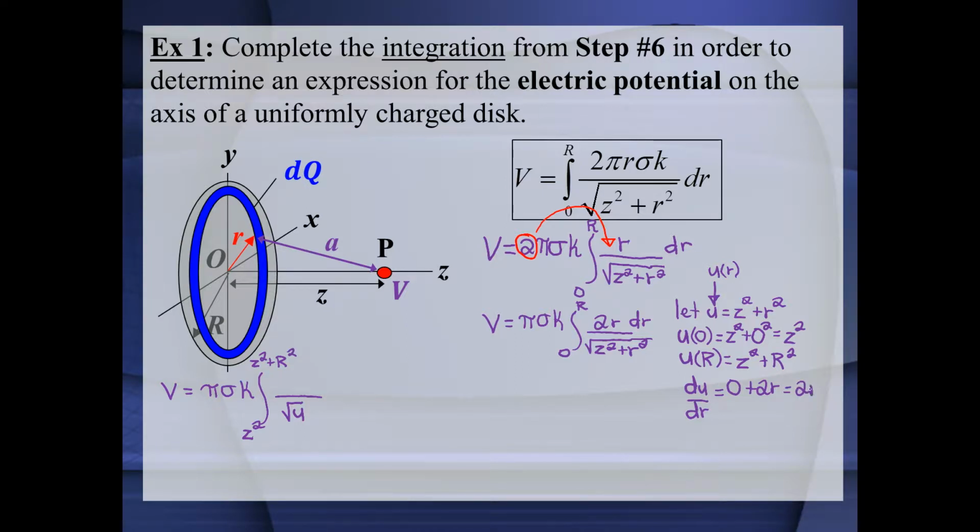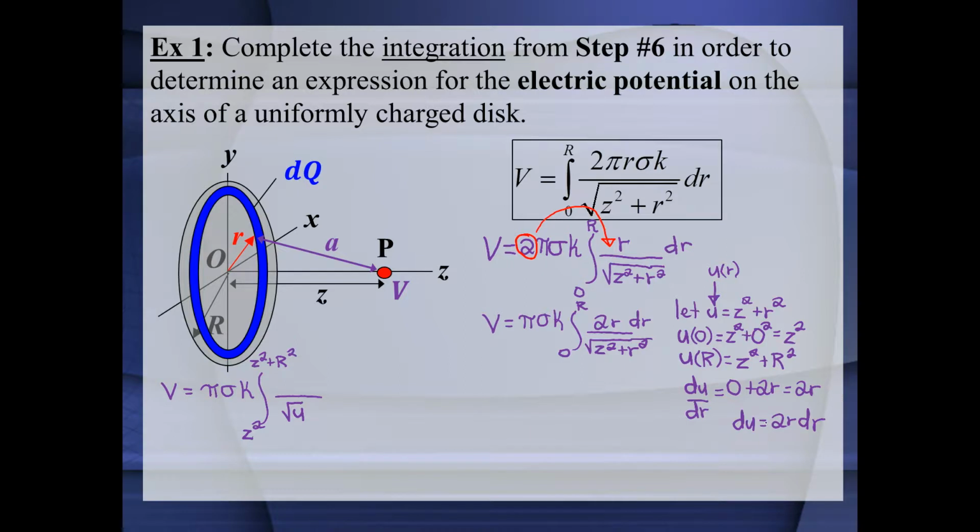Okay, so we got 2r here. Now, normally in a substitution like this, what I would do is I would isolate for dr, and write it in terms of du, and then plug it into the equation and see what happens. But actually here, if you isolate for du, something a lot more helpful is going to occur. So if I get du isolated, du would be equal to 2r times dr.